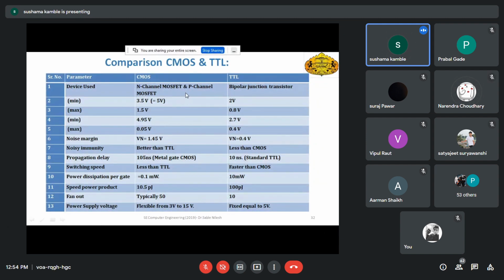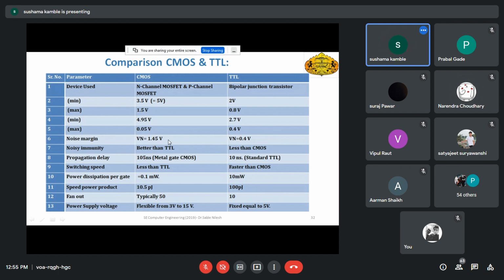Okay, now see, N-channel MOSFET, P-channel MOSFET and bipolar junction transistor, we don't have to memorize, but just keep the values in mind. This is 3.5 volt minimum voltage, this is 2 volt, 1.5 volt, 0.8 volt, 4.95 minimum, 2.7 volt, maximum 0.05 volt, 0.4 volt. What is the noise margin?